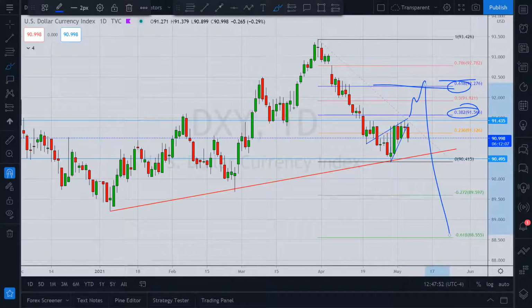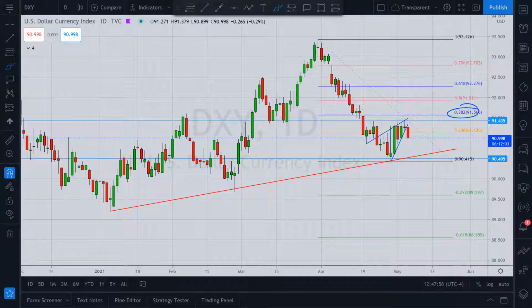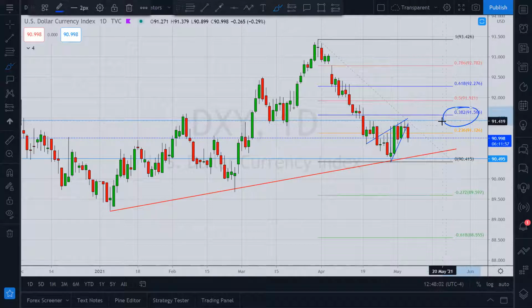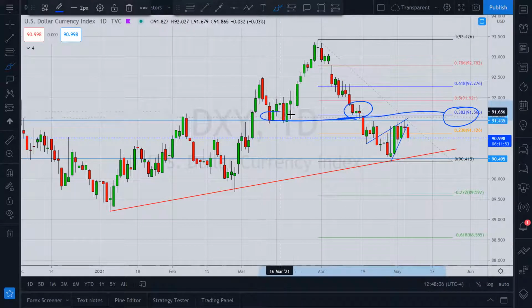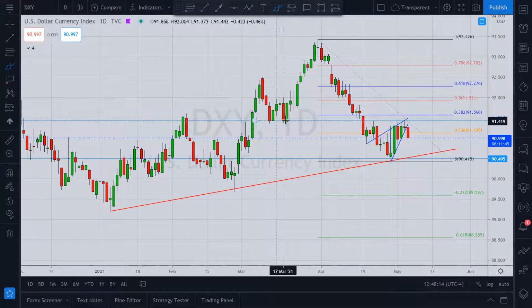In either case, that is the correction you want to see at the very least. We got up close to that, but understand I only use the fibs if it aligns with structure, giving us two confluences of resistance in this case.